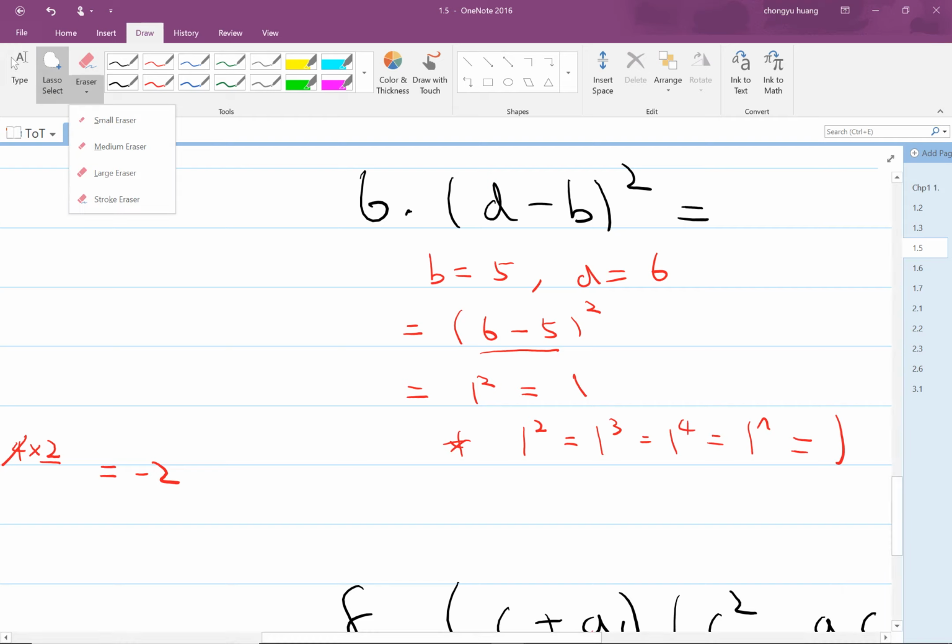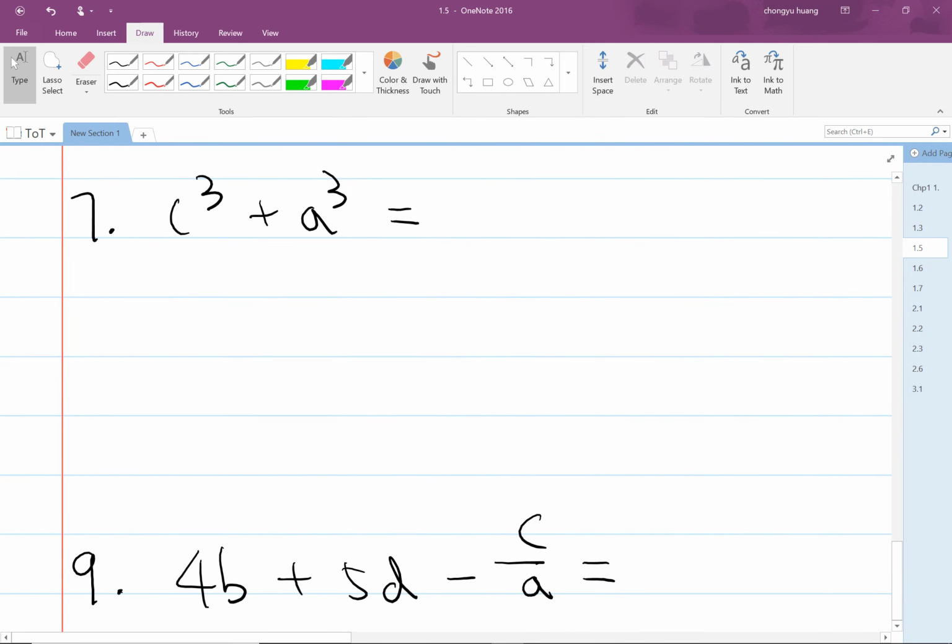Let me write a little bit clearer. So no matter what, 1 to the power 2 is equal to 1 to the power 3, equal to 1 to the power 4, and is also equal to 1 to the power n. So it's always going to be 1, alright?